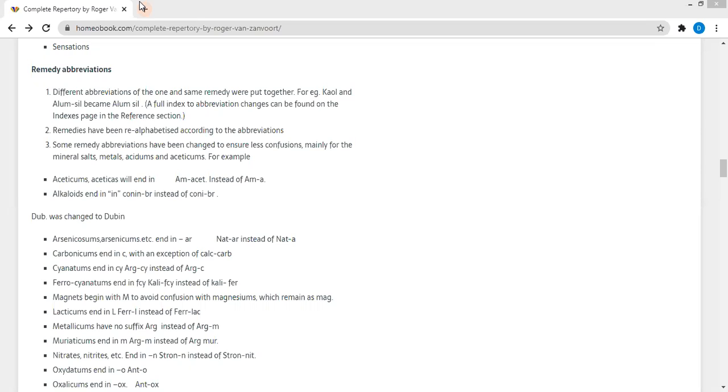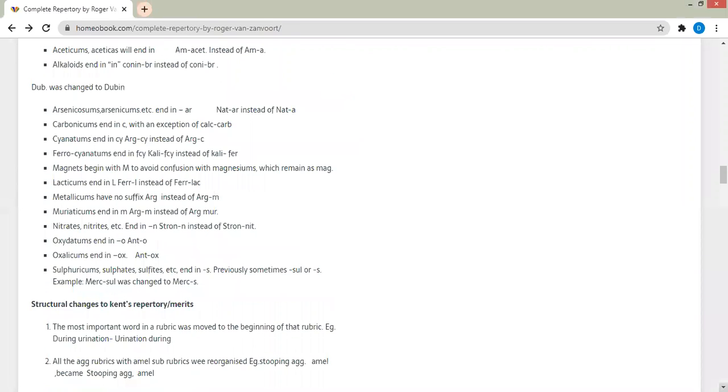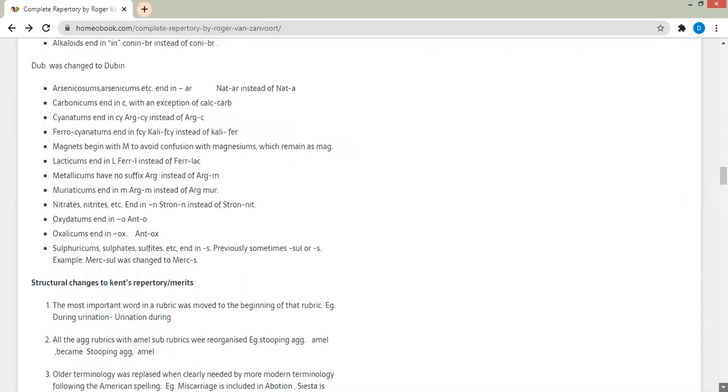Then alkaloids end in IN, Conin instead of Coni. So in this way the aceticums end in ACET and alkaloids end in IN. There are many examples given related to abbreviations.